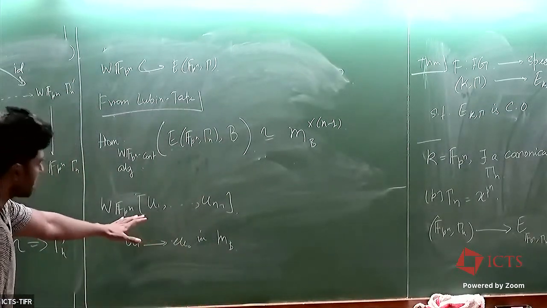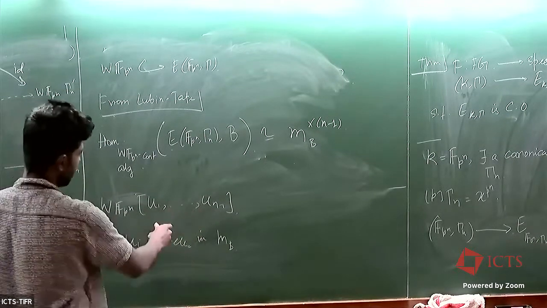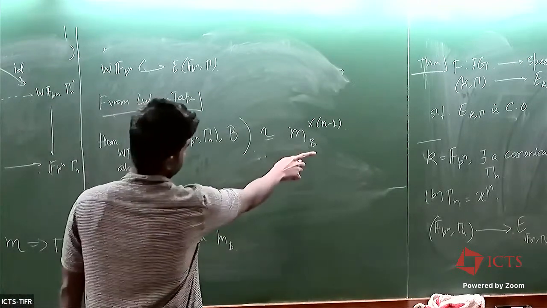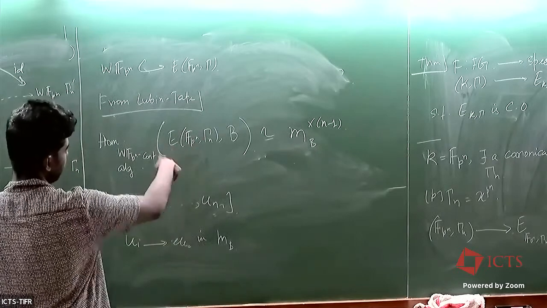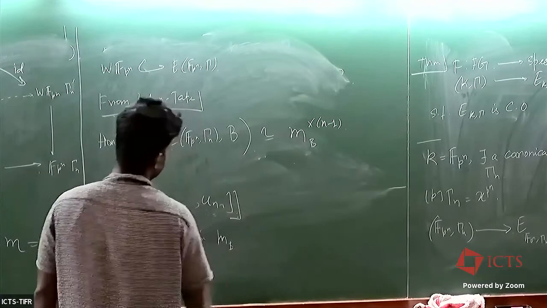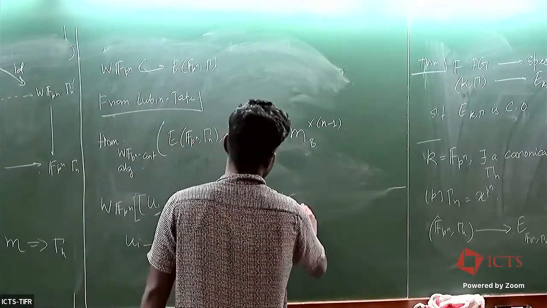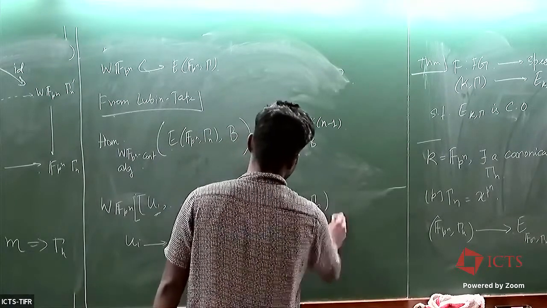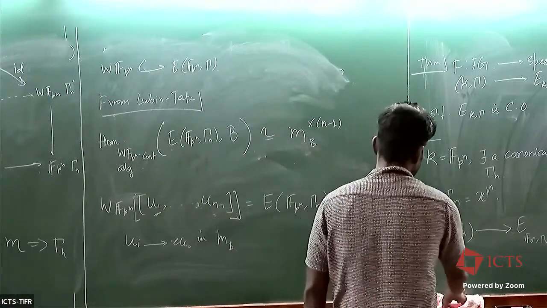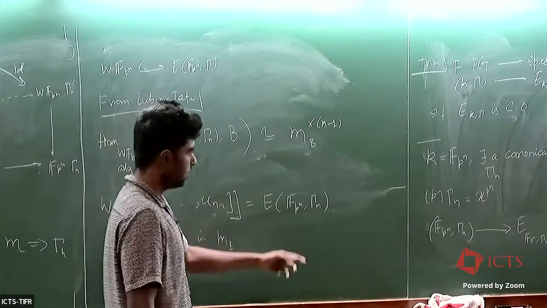This homomorphism is determined by looking at the image of u_1 to u_{n-1}, and because this ring is complete, you have to take the power series. So this is E(F_p^n, gamma n). Okay, and also I now have to tell you what the formal group law is.